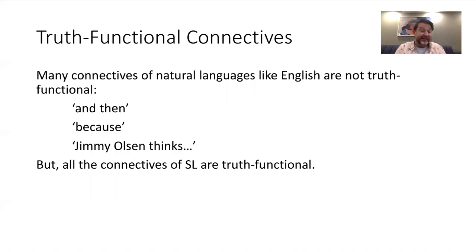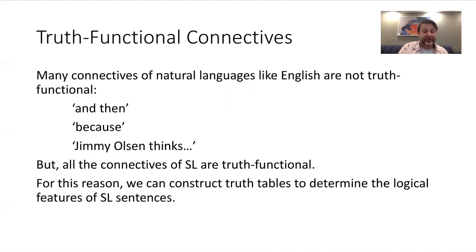All of these connectives are truth functional. So because these are truth functional, we can also construct truth tables to determine the logical features of SL sentences. So the truth functionality of our connectives is importantly connected to this new method we're going to be learning, the method of truth tables.